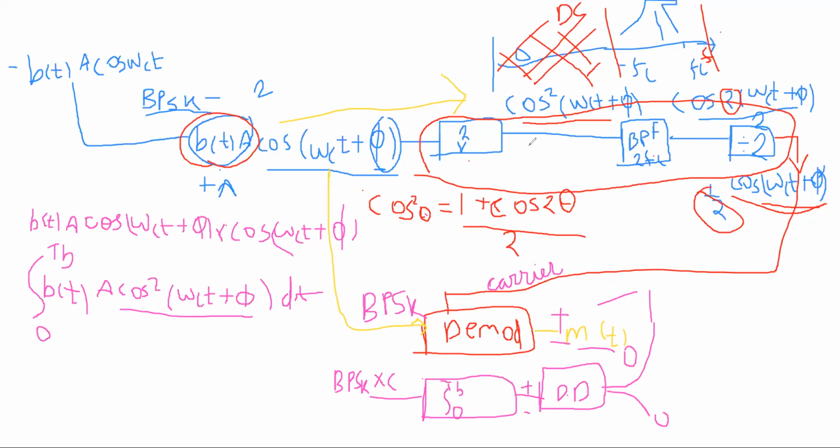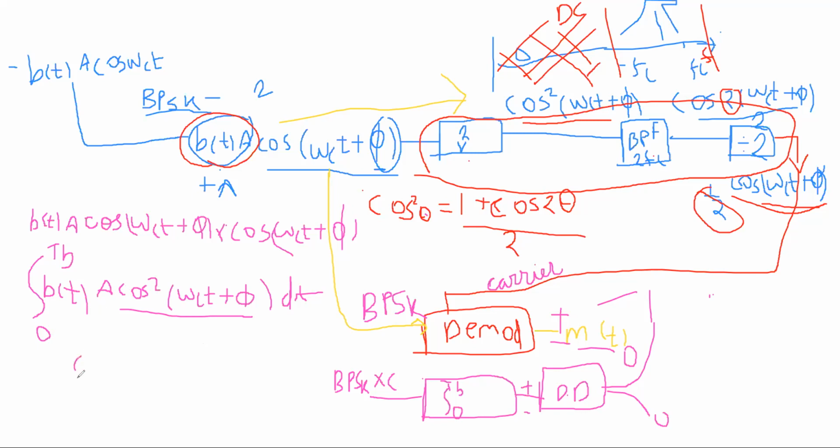We can separate out one half, and the remaining part, both are integrated. This cos of 2 omega ct will become 0 over the full bit interval 0 to TB.